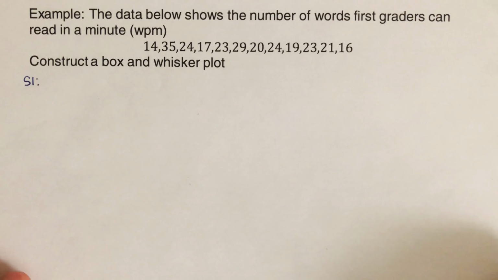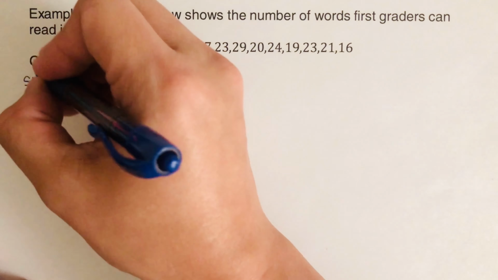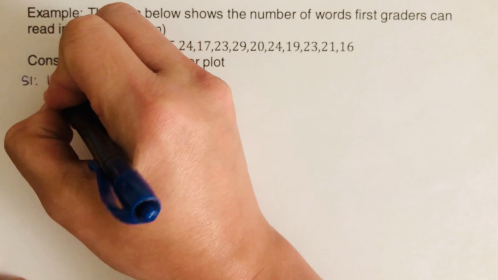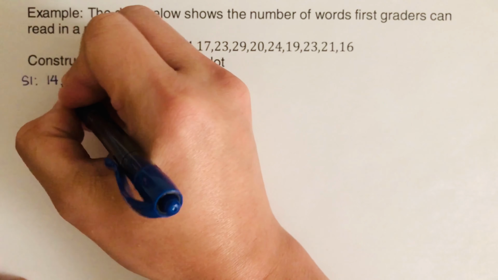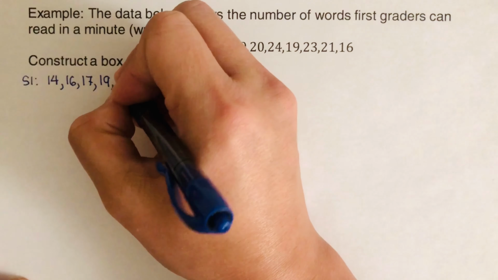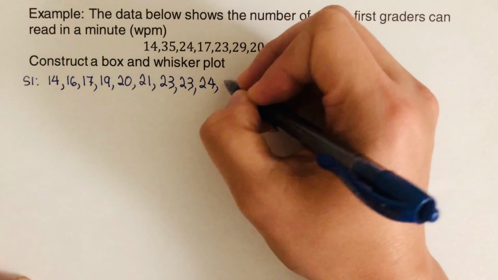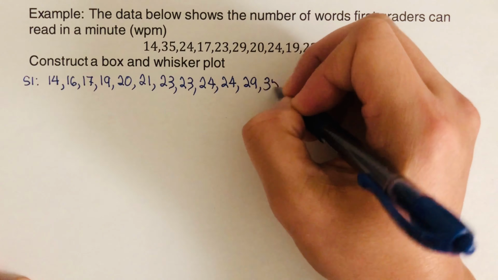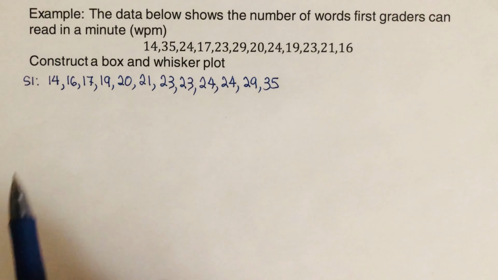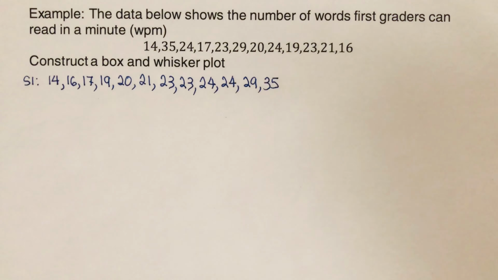So we arrange them from smallest to biggest. So we start with 14, and then I'm just gonna write all the rest of them. Okay, so I ordered them in increasing order.